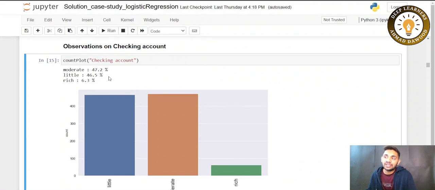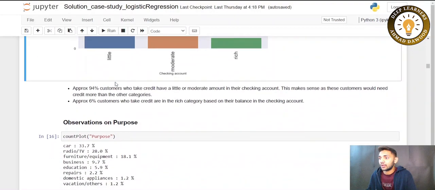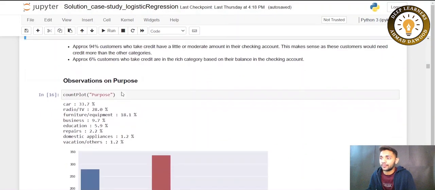Overall we can say that most people have a little or moderate type of checking account. About 94% of customers who take credit have a little or moderate amount in their checking accounts.